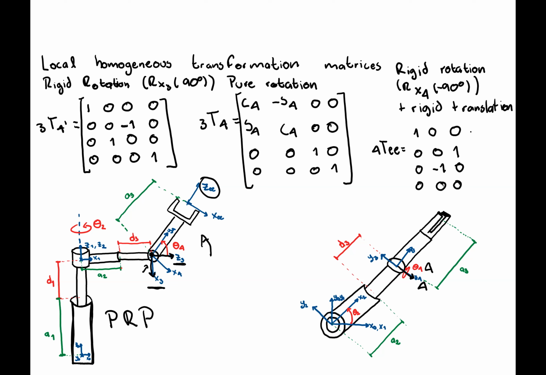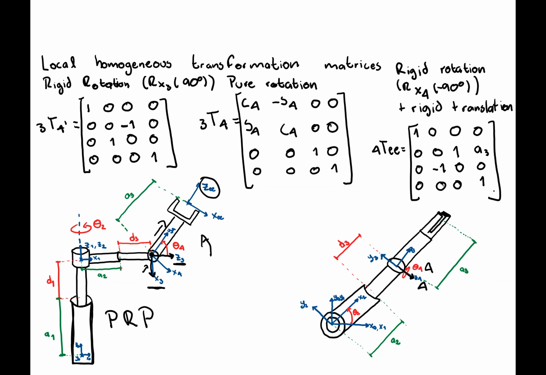And then we have our translation along the y4 axis in this direction. Okay, and this is 0, 8, 3, 0, 1. Okay, good. So we have our local homogeneous transformation matrices.